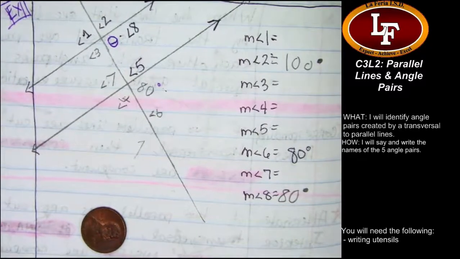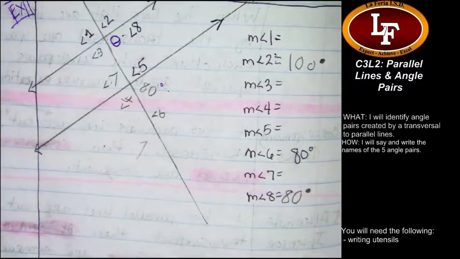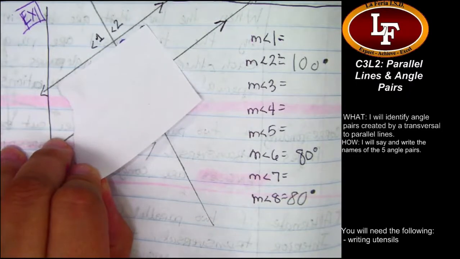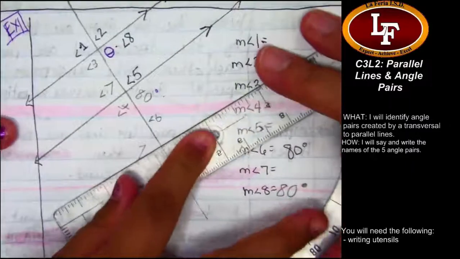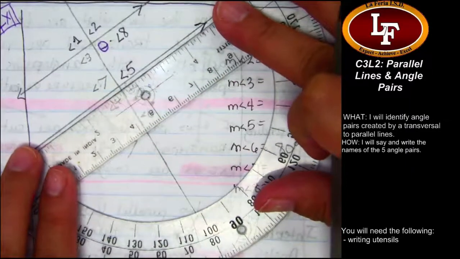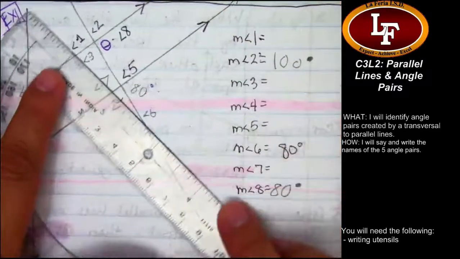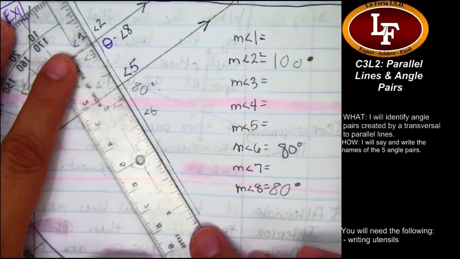You're also able to find linear pairs. Linear pairs are angles that form a straight line, such as angles 1 and 2. They're adjacent, and they form a straight line, such as angles 7 and 5, or angles 5 and 6, or 2 and 8.